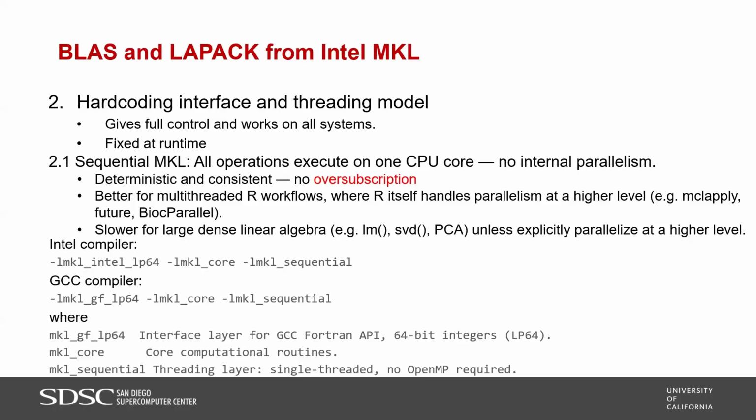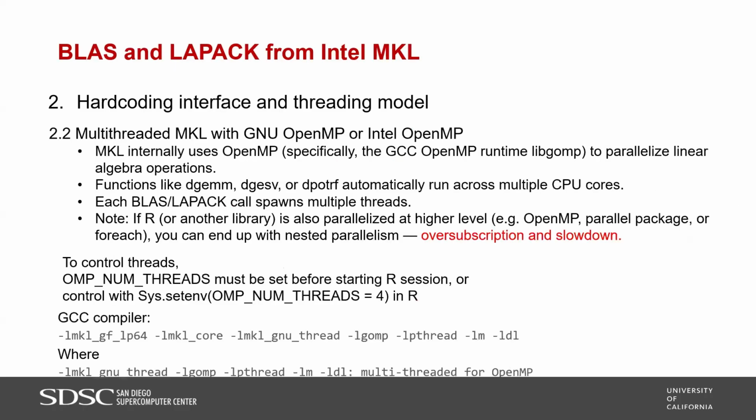If both parallelisms exist, then you will get oversubscription and your R code may run slower. So if you build the MKL as single-threaded, this can avoid that problem.